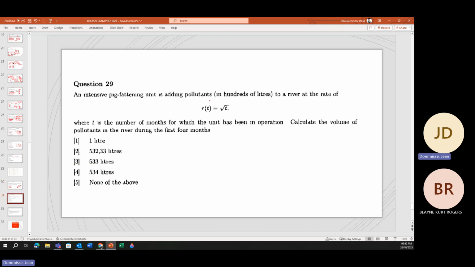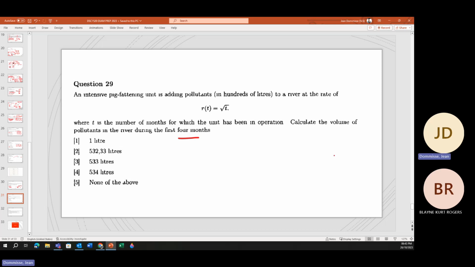So okay, second last one. An intensive pig fattening unit is adding pollutants to a river at the rate of square root of t, where t is the number of months for which the unit has been in operation. Calculate the volume of pollutants in the river during the first 4 months.